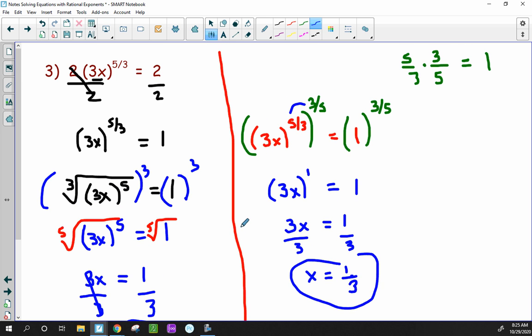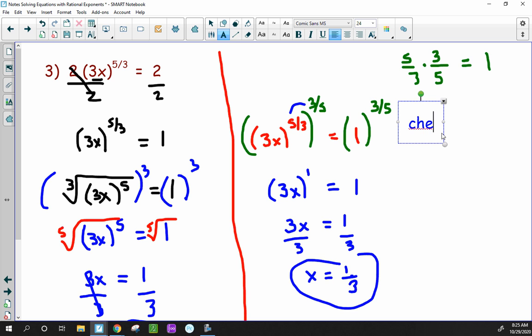And then the last thing I'll do, again, is check your answer. So you'll have to go back and pick one of these fractional powers or radical equations and see what happens. So let's finish that out. And then I'm going to let you try some on your own. So I'm going to stick in the parentheses 3x.